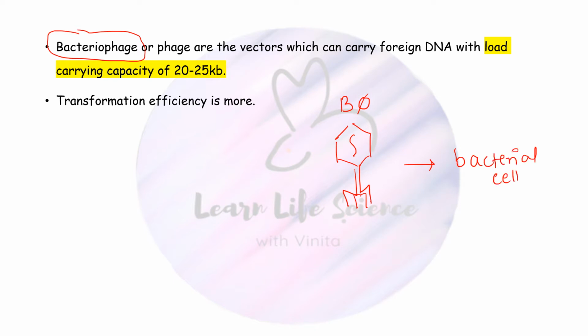If I want to give an example, you can see diagrammatically. For example, this is a bacterial cell E. coli with its own genome, and here the bacteriophage infects the bacterial cell in such a manner that it injects its genetic material into the host cell, right?